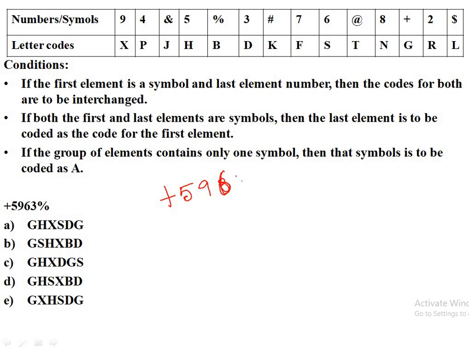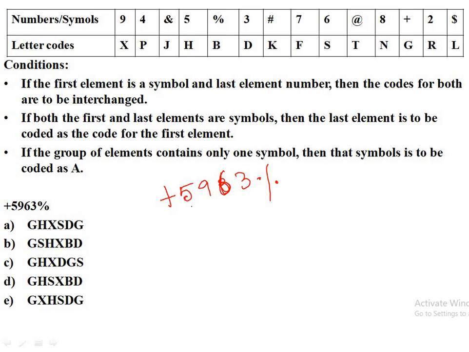Okay, I am just writing this. So, I need to apply condition 2, where the last element is to be coded as the first element. Whatever it is there, I need to code based on the first element.